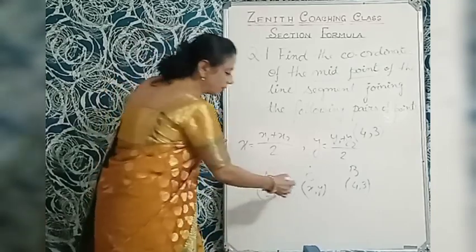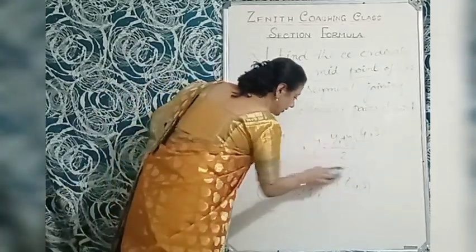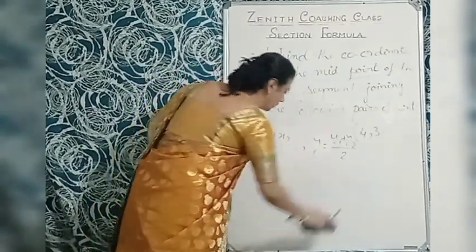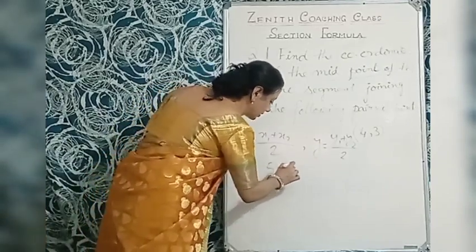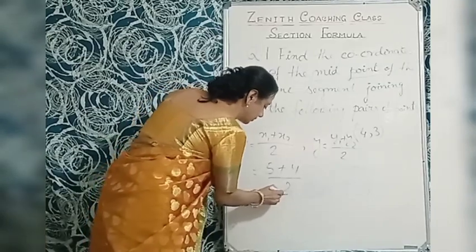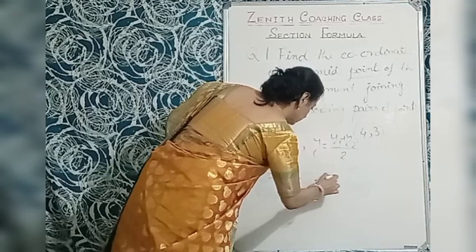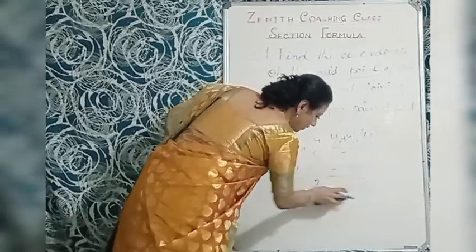So you have to find this x, y. I have to write the points (5, minus 11) and (4, 3). So first, x is (5 plus 4) by 2. And y is (minus 11 plus 3) by 2.